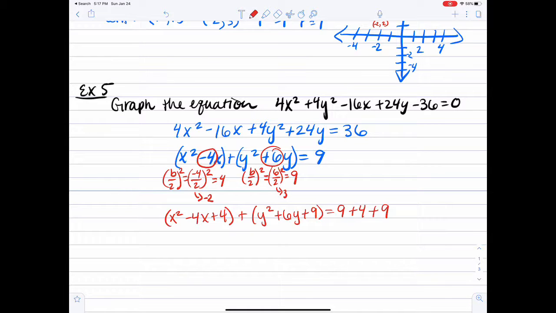And then remember, we can rewrite this nicely as x plus b over 2 squared, and our b over 2 is right here as -2, so -2. And the same thing here, we can rewrite it as y, and then our b over 2 was +3, so +3, and then this side becomes 22.